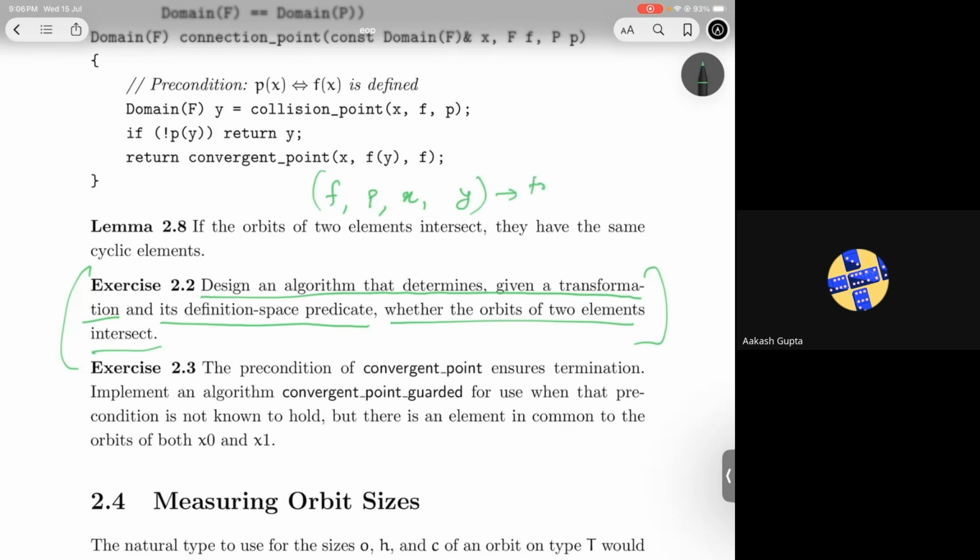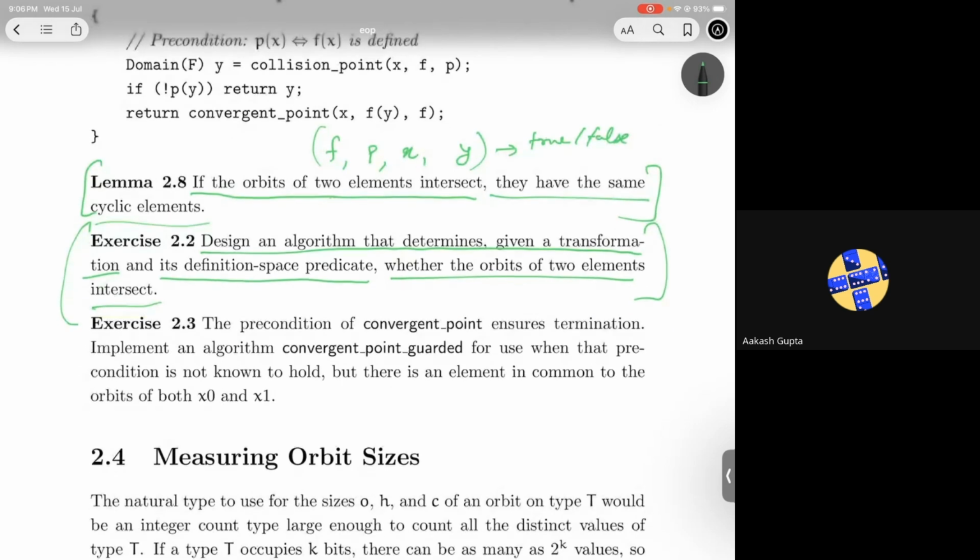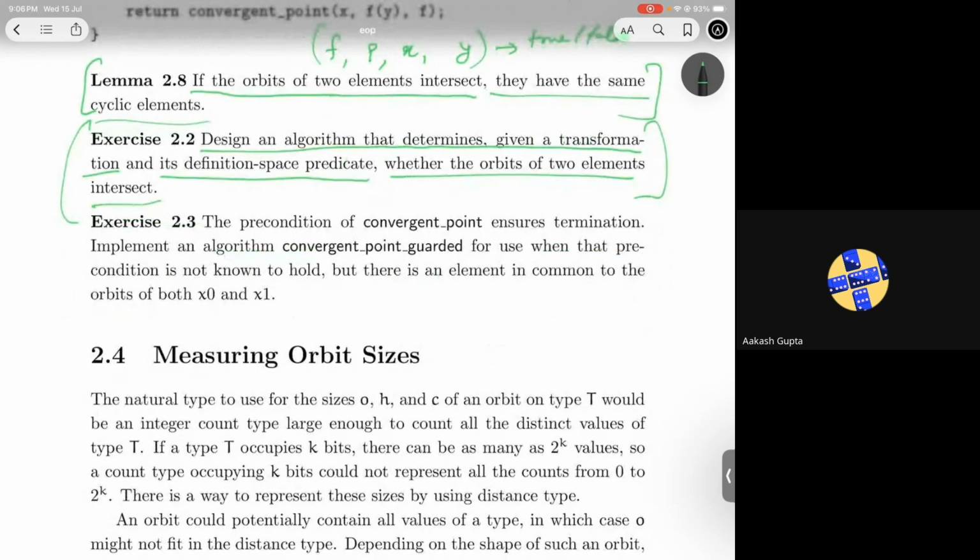And we have to return true or false if their orbits have some common element. There is a lemma before this relating to it: if the orbits of two elements intersect, then they have the same cyclic elements. Very easy to prove. So you are encouraged to go over this exercise and obviously all the exercises as well.